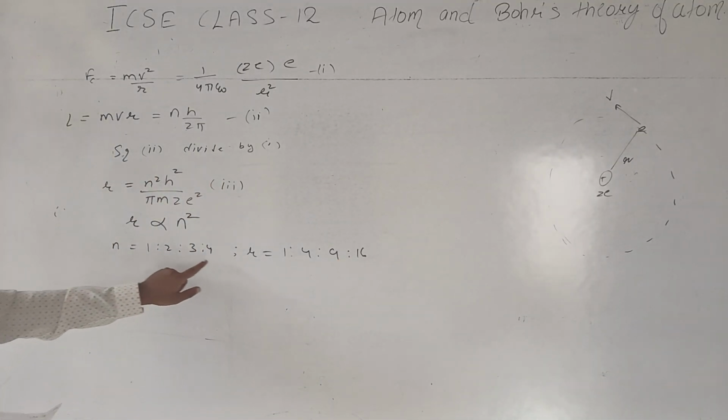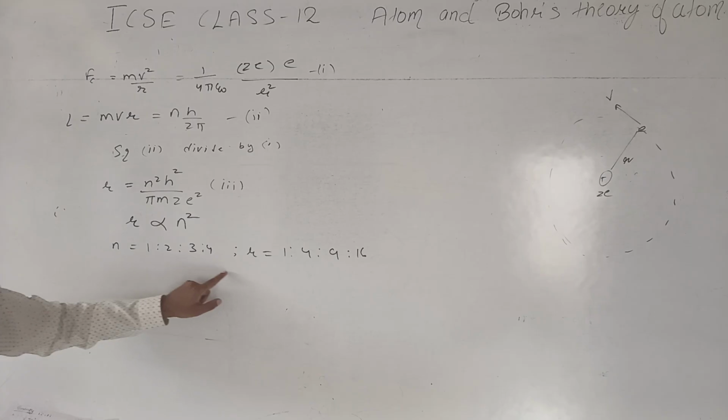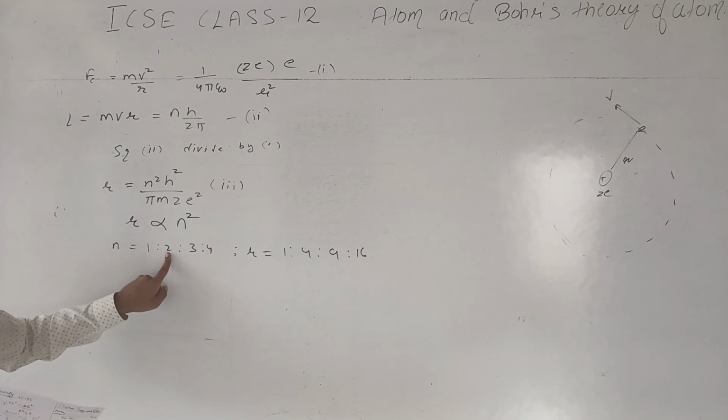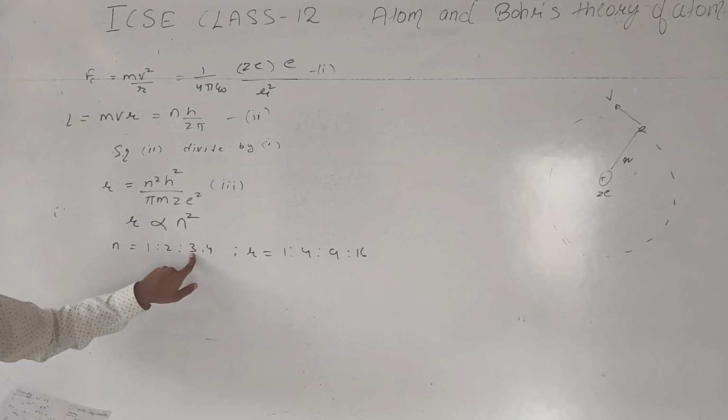These are the allowed orbitals: the first allowed orbital, the second allowed stationary orbital, the third allowed stationary orbital.